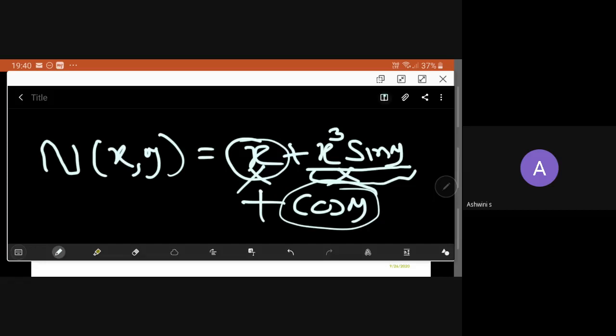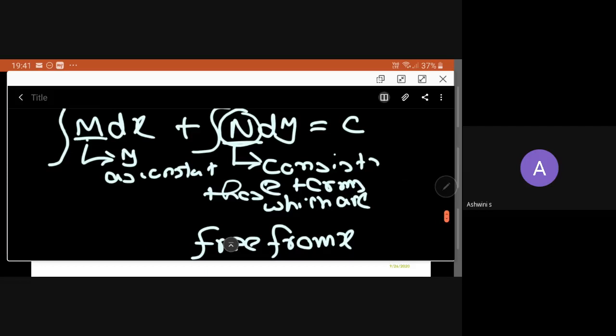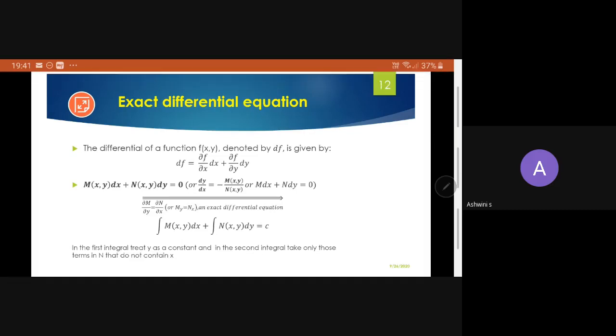That is the integrand here, so you need to take care of this one. That is what I told in this slide: the exact differential equation and how to write the solution for that.